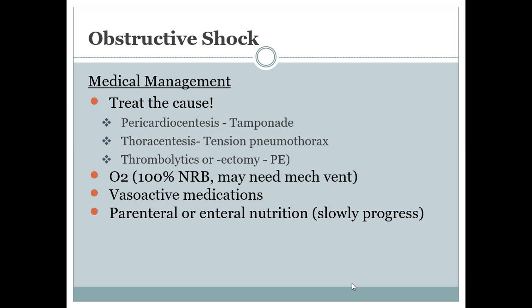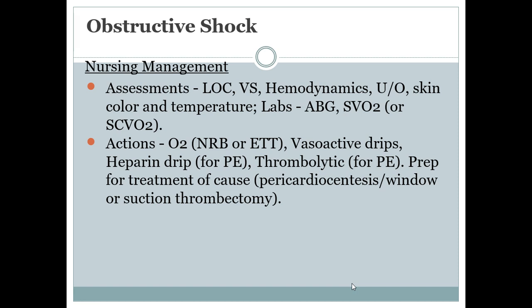We might do some vasoactive medications such as norepinephrine and dopamine. Remember, vasoactive medications produce vasoconstriction, increasing blood pressure and allowing the patient to stabilize until definitive treatment is implemented. And then we'll do slow progress again with our parenteral or enteral nutrition.